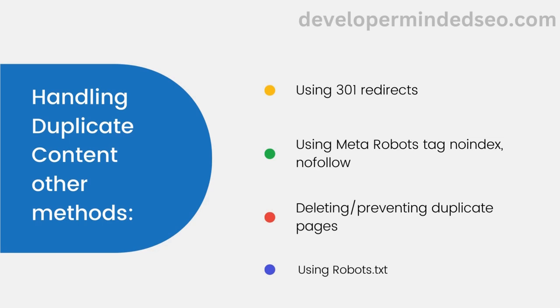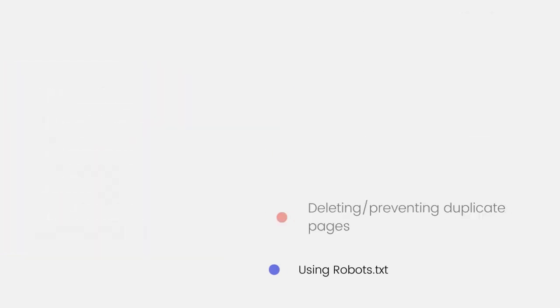You can deal with the CMS settings: either delete any duplicate pages you find, or deal with the CMS settings to prevent creating such duplicate pages. And the last thing is using robots.txt. If you don't want to allow Google to crawl certain query parameter URLs, then you can disallow all those query parameter URLs in the robots.txt file.